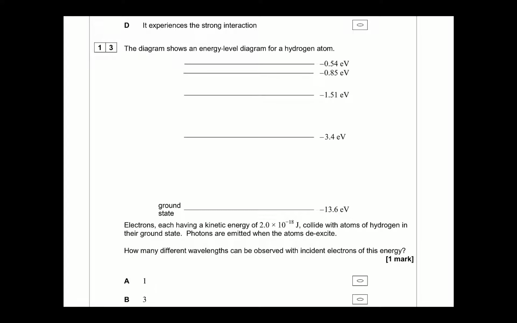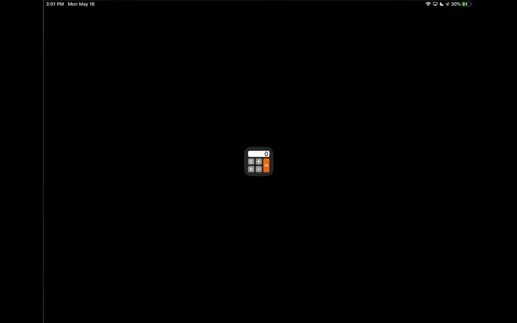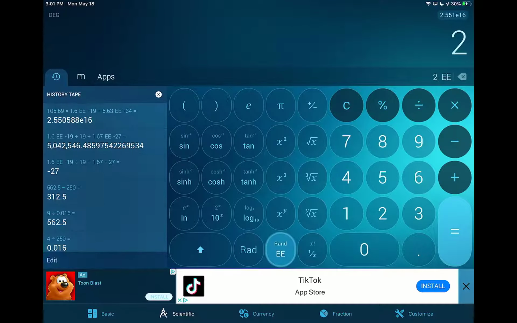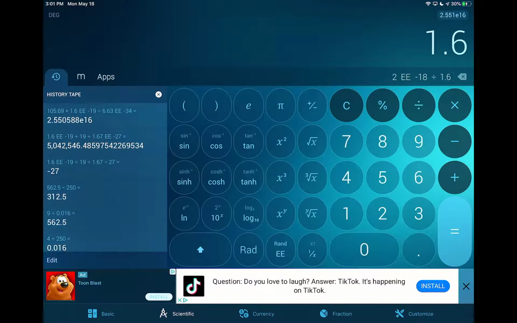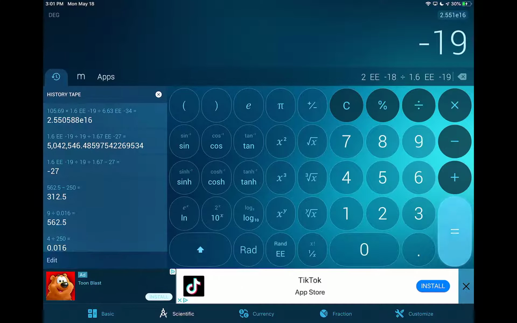Okay, so how many electrons? I need to look at how many electron volts that is. So 2.0 times 10 to the minus 18 divided by 1.6 times 10 to the minus 19. So 12.5.